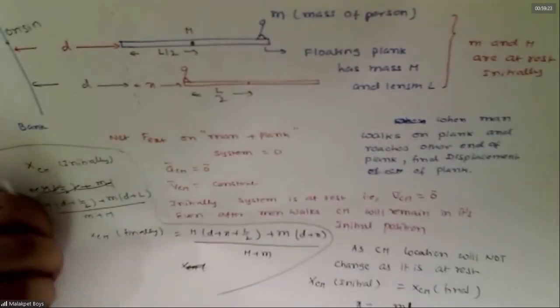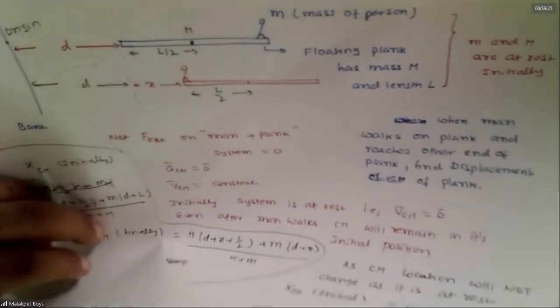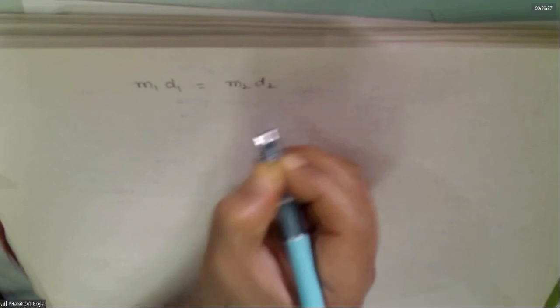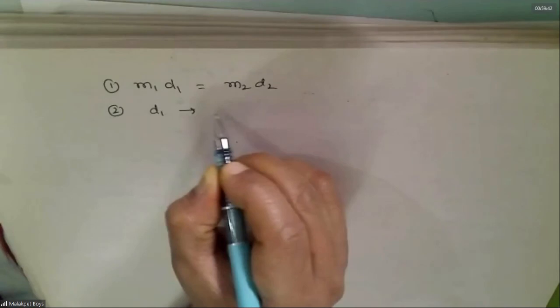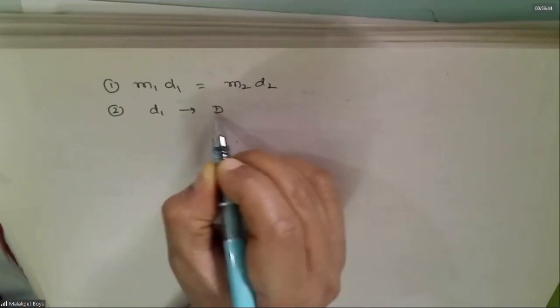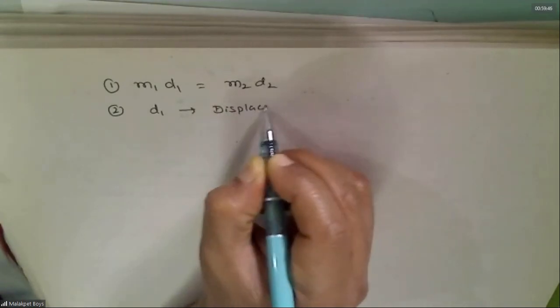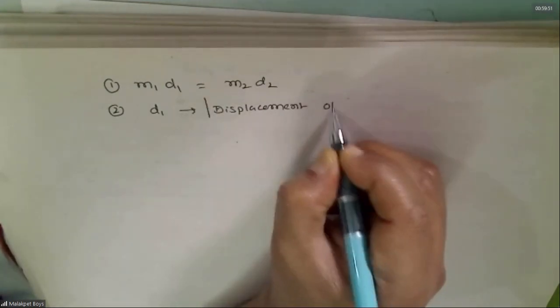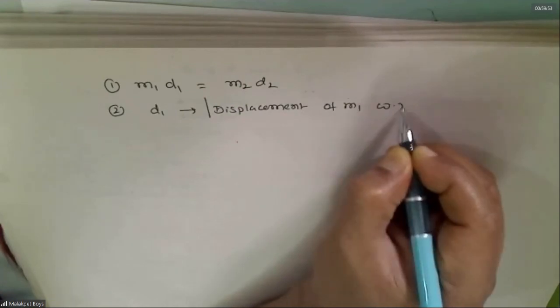So simply remember, for a two-particle system, the easiest method is what? M1D1 plus M2D2 is equal to 0, so M1D1 equals M2D2, first thing. Here D1 is the magnitude of displacement of the first particle, M1, with respect to ground.